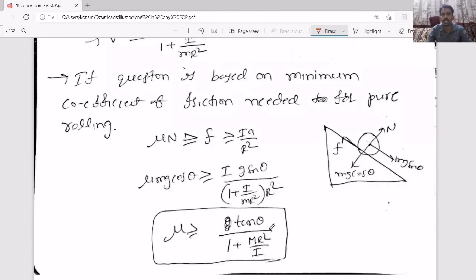Now after this, if the question is based on the minimum coefficient of friction needed for pure rolling, here I have taken the same picture. It should roll down without any sliding, which means the limiting friction should be greater than or equal to this much. So mu mg cos theta should be greater than or equal to I a by r square.